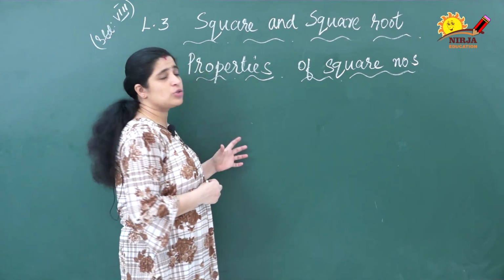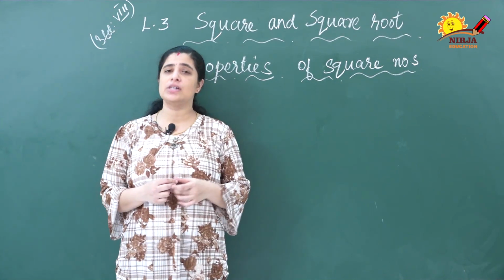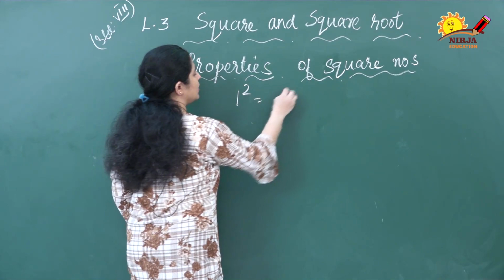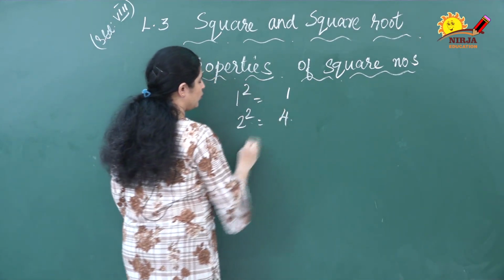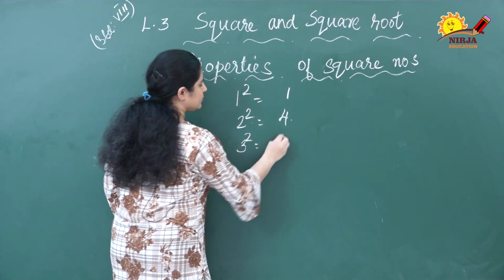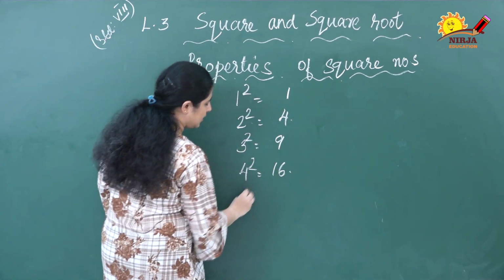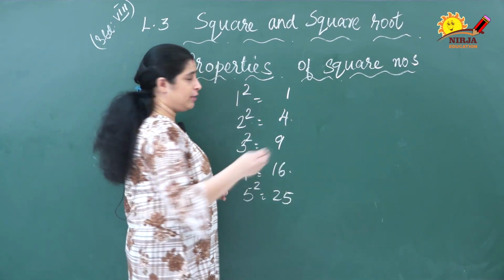Before going to the properties of square numbers, we will write the squares of the numbers 1 to 10. What is the square of 1? 1. The square of 2 is 4, 3 squared is 9, 4 squared is 16 and 5 squared is equal to 25.